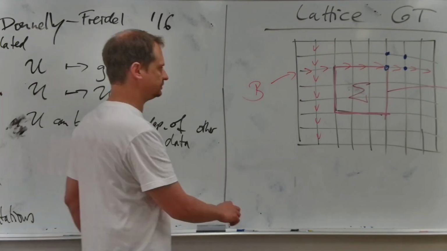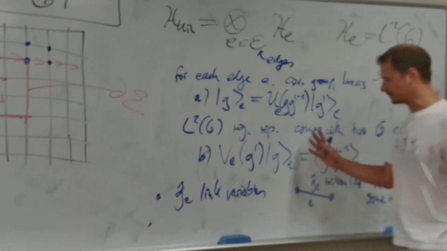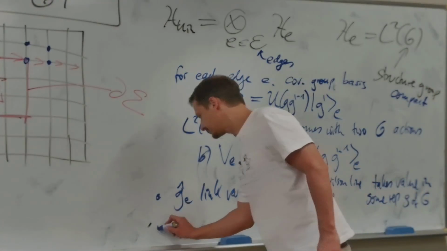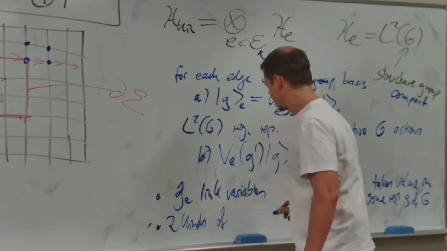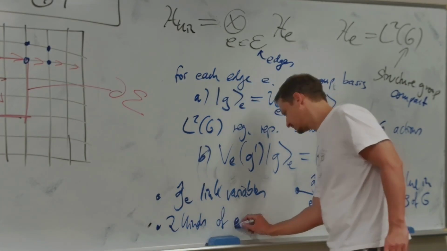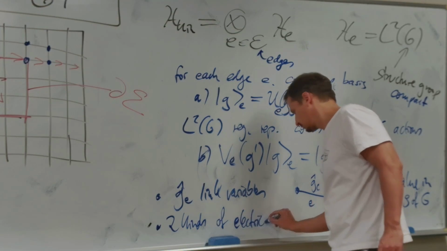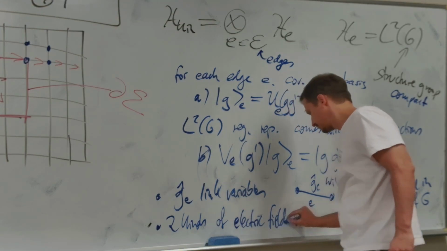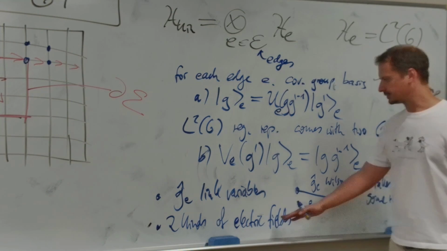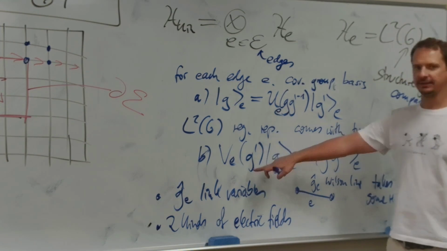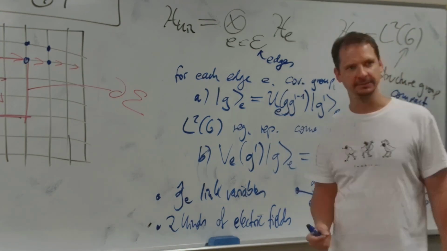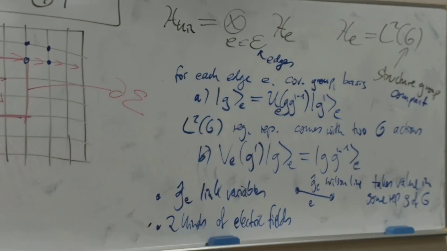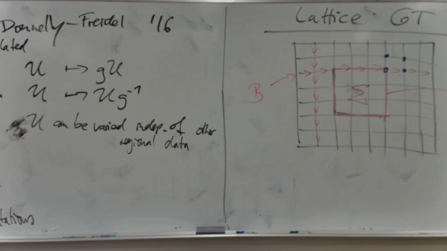That's basically, for instance, the same representation that you would choose classically when you represent your Wilson line. So you have these link variables that you define on this Hilbert space, and you have two kinds of electric fields. And these electric fields are the generators of U and V. So I have two representations of G, so we also have two representations of the Lie algebras.